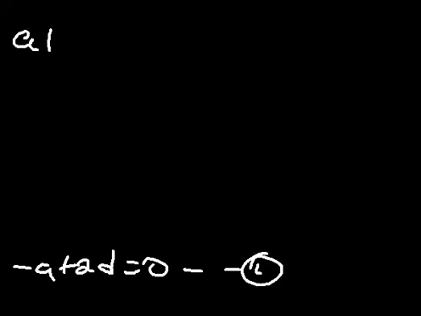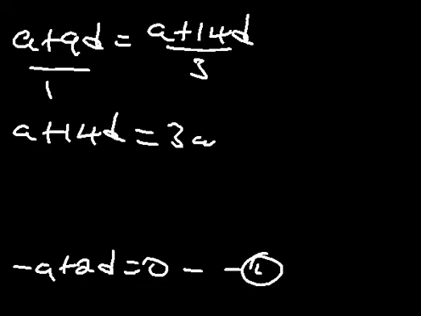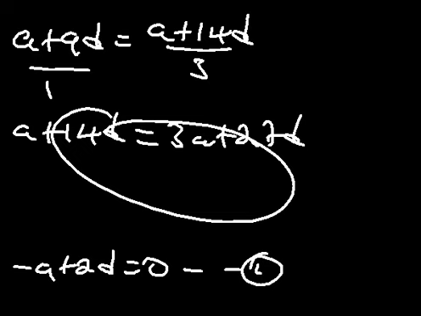We'll have it as a plus 9d, which is equal to, what is the 15th term, we'll have it as a plus 14d, divided by 3. So in this case, we'll do the cross multiplication. We'll have a plus 14d, which is equal to 3a plus 27d. So we have another equation here as equation 2.